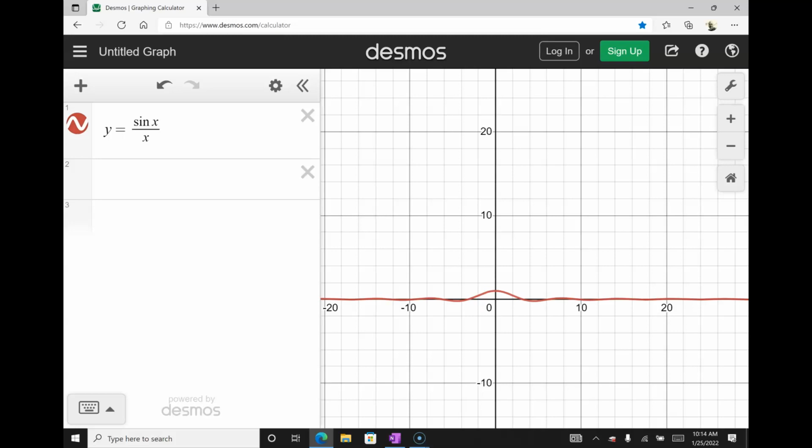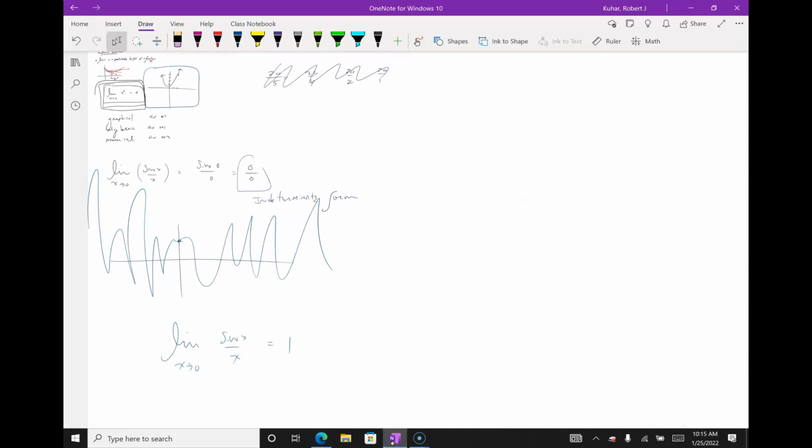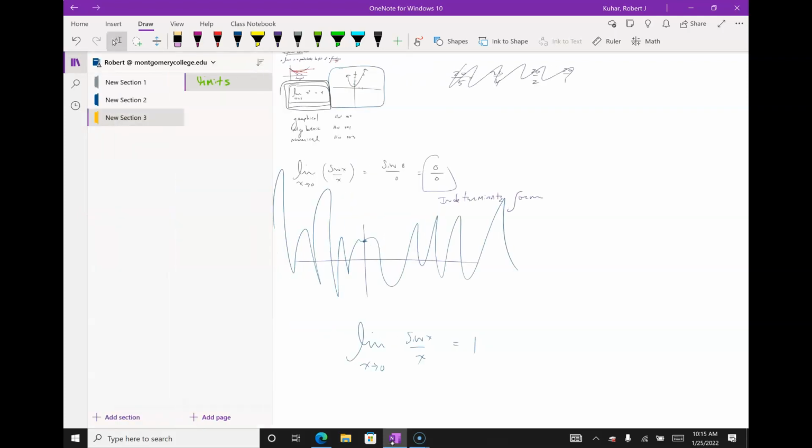So look at the graph all the time when you do something. It'll certainly tell you quickly if you got it wrong, right? So graphical limits are pretty darn easy, right? Numerical limits are easy as well.